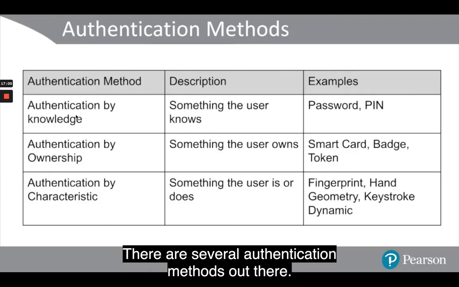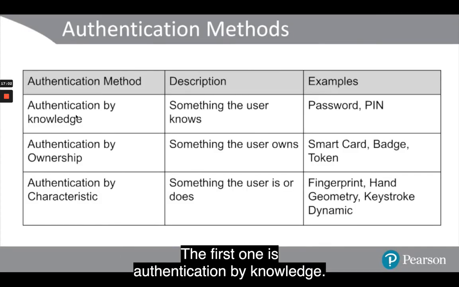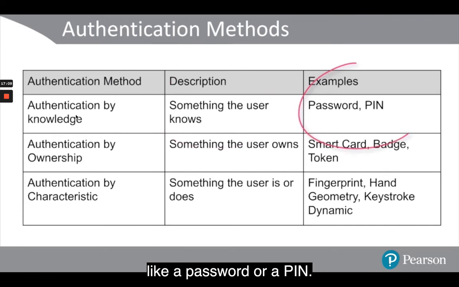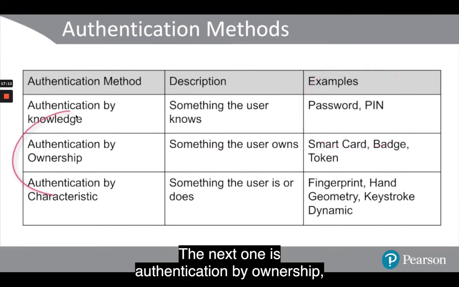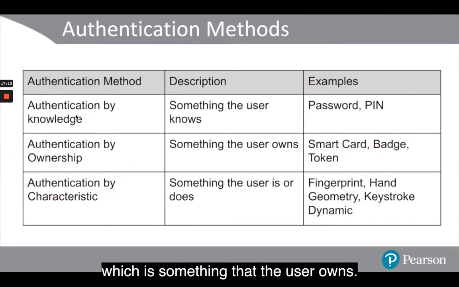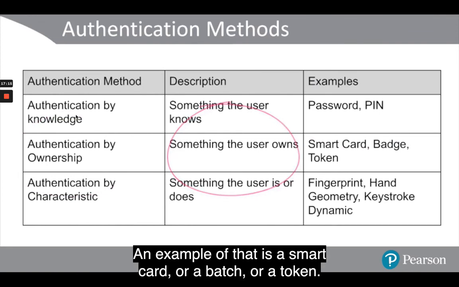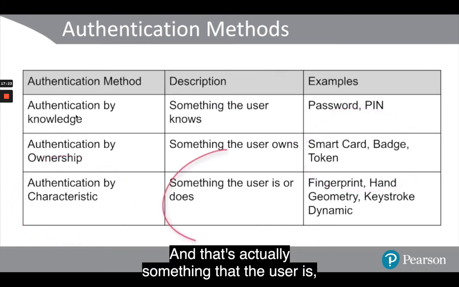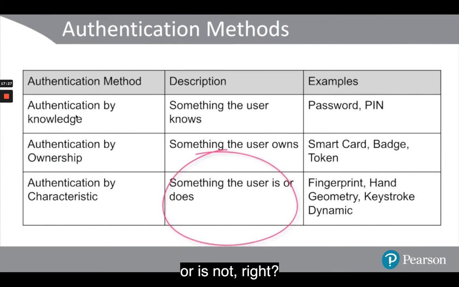There are several authentication methods out there. The first one is authentication by knowledge, which is something that the user knows, like a password or a PIN. The next one is authentication by ownership, which is something that the user owns. An example of that is a smart card, a badge, or a token. And then authentication by characteristics, which is something that the user is or is not, right?